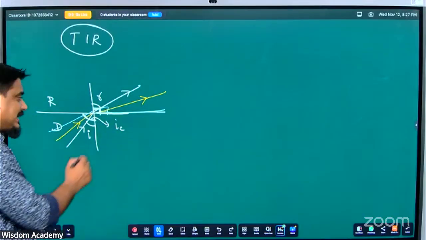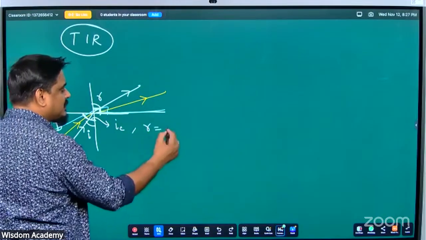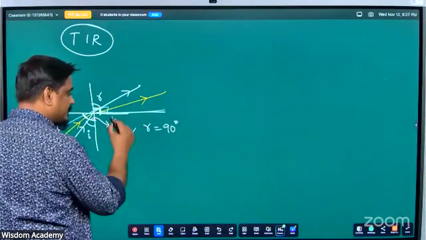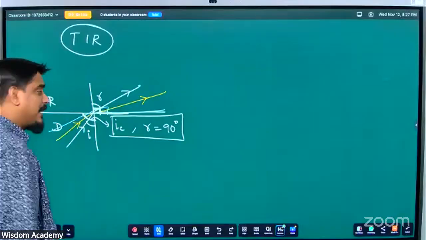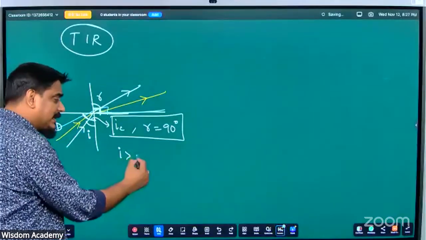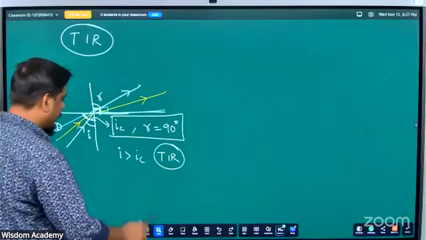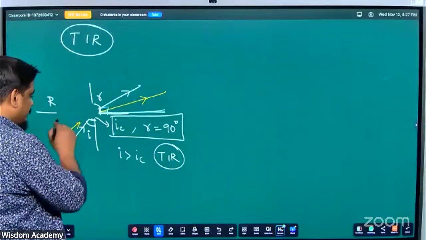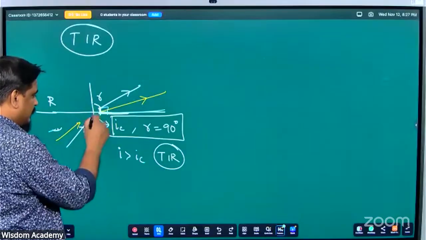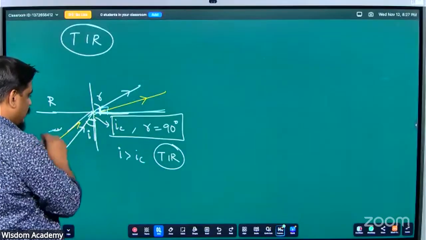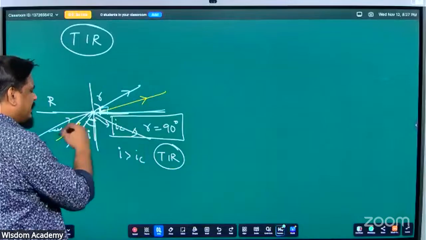So at critical angle, R becomes 90 degrees. Remember that. And what if the angle of incidence is more than the critical angle? We will have total internal reflection, where the light will once again reflect back in the same medium.